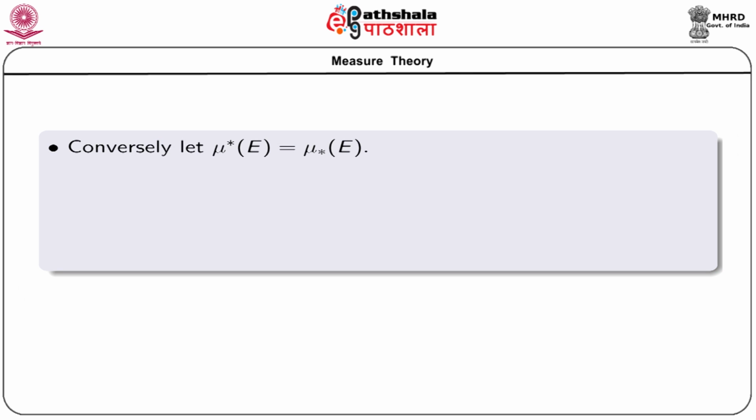So, conversely, suppose that mu upper star E is equal to mu lower star E. Let epsilon greater than 0 be given.